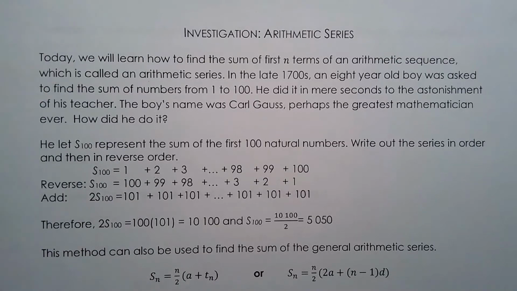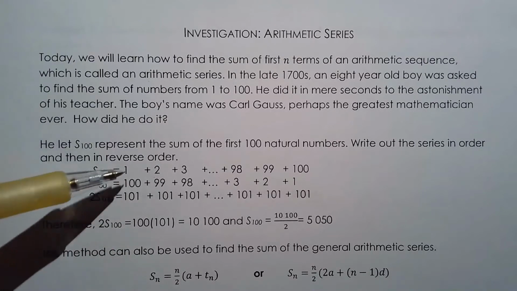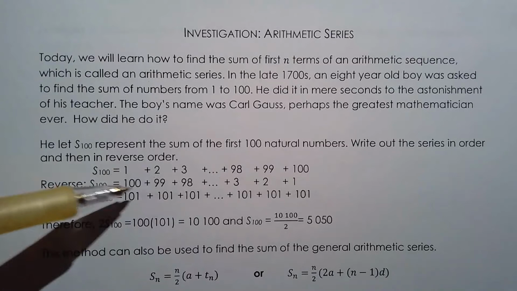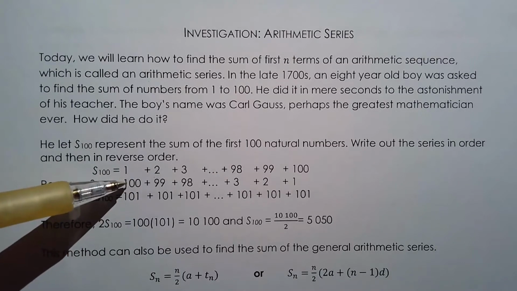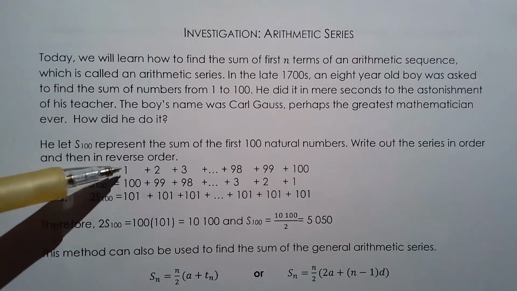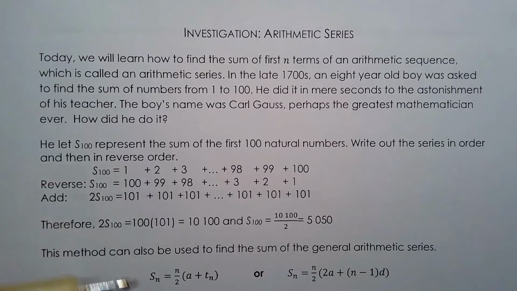So what we're going to do is take his idea and create the formula to find the sum of the first n terms of an arithmetic series. You can say the first term of the arithmetic series plus the last term of the arithmetic series. You're going to add them and then multiply by the number of terms you have in the arithmetic series.